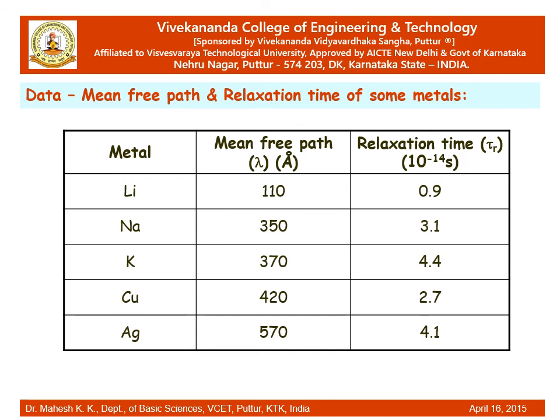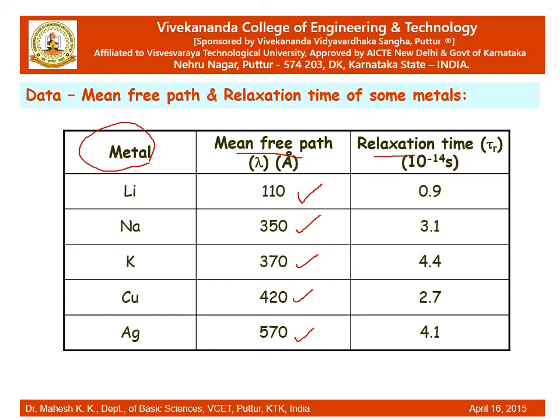Here I am giving a table with the mean free path and relaxation time of a few metals. For lithium, the mean free path is 110 angstrom units, sodium 350, potassium 370, copper 420, and silver 570.